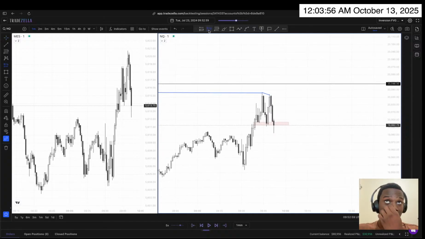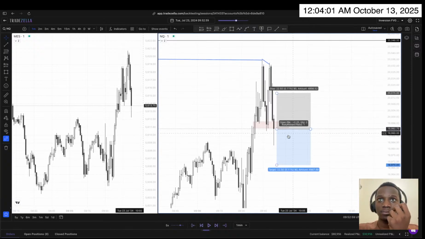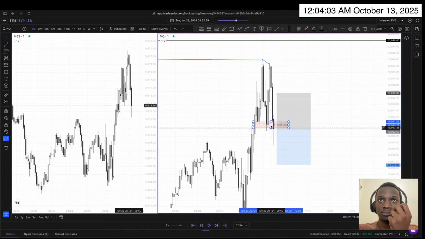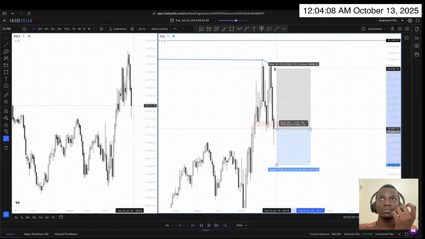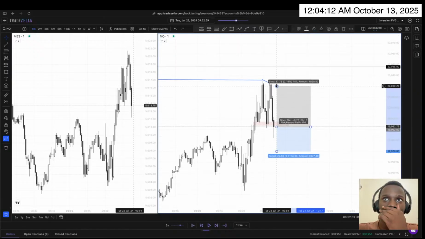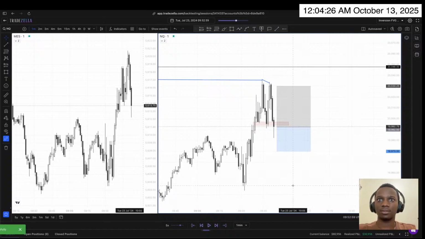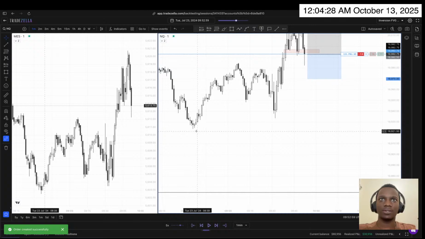I'm gonna trade in this macro. $500 74. 6.7.7. Relatively close.